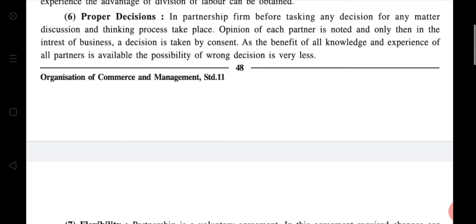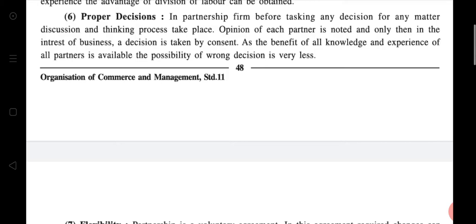So the opinion of each partner is noted, and only then, in the interest of the business, is a decision taken by the consent of all the partners.